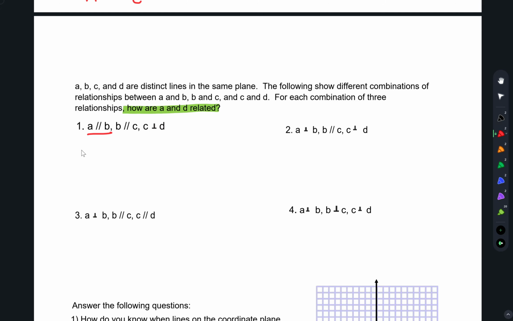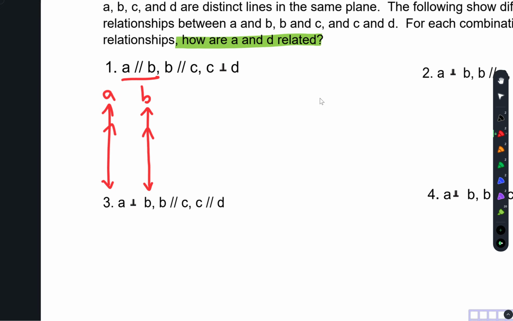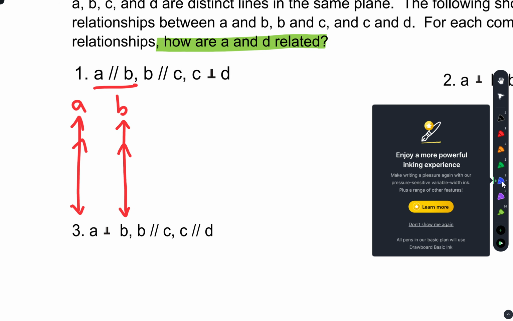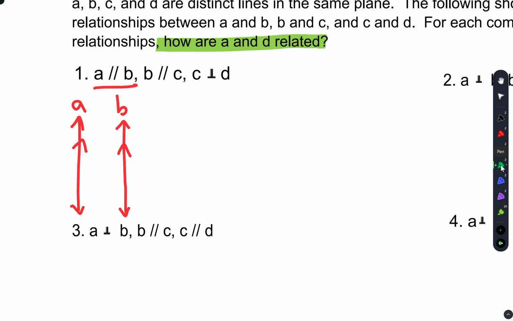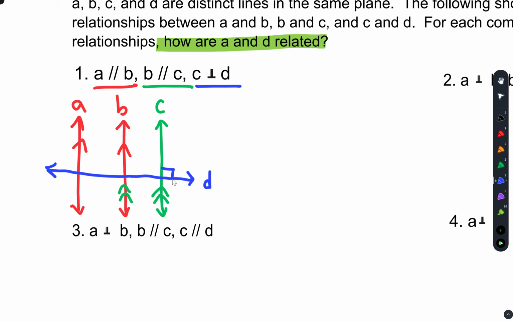Starting with number 1, the first thing I'm going to do is I'm going to draw A parallel to B. Then I'm going to draw B parallel to C. And then lastly, I'm going to draw that C is perpendicular to D. Again, if it's perpendicular to one of these guys, I'm going to make sure that that line D goes all the way through any other lines that it can.